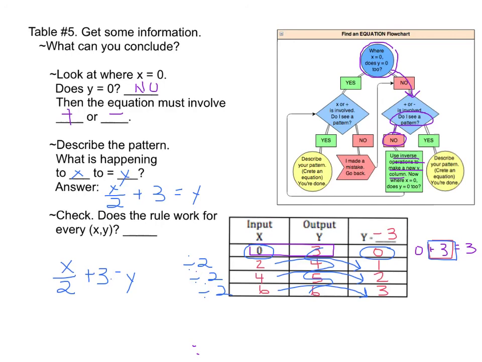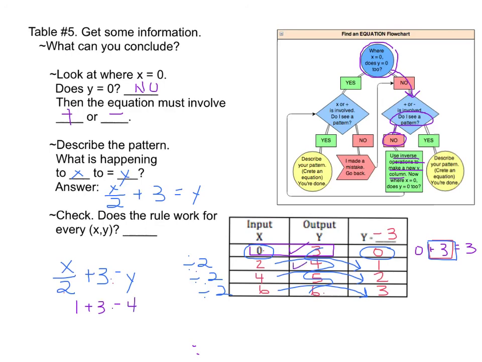We're going to use substitution and look at our original values, the 3, 4, 5, and 6 in the y column. So if I substitute 0 for x, 0 divided by 2 is 0, plus 3, that does equal 3. So that checks right there. Next, 2 divided by 2 is 1, plus 3 is 4.